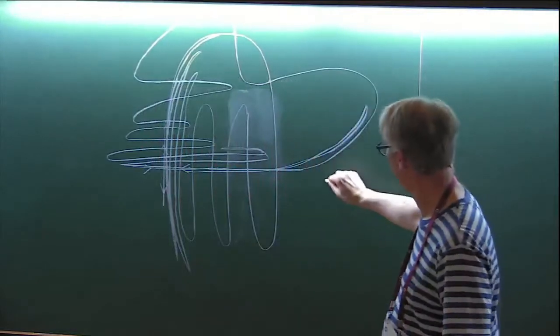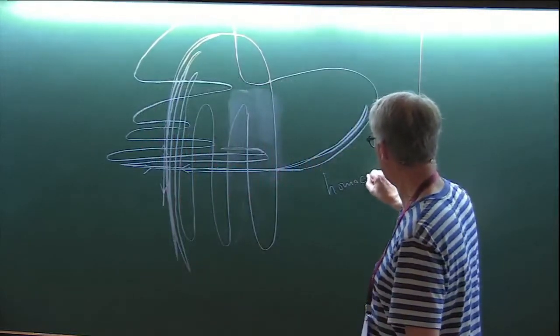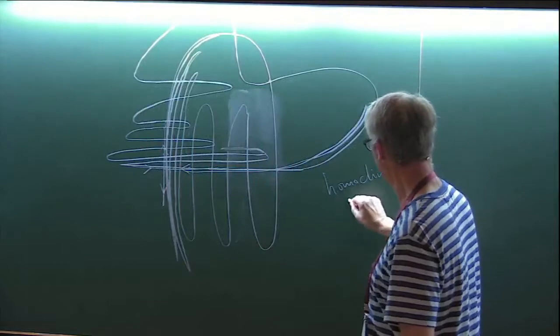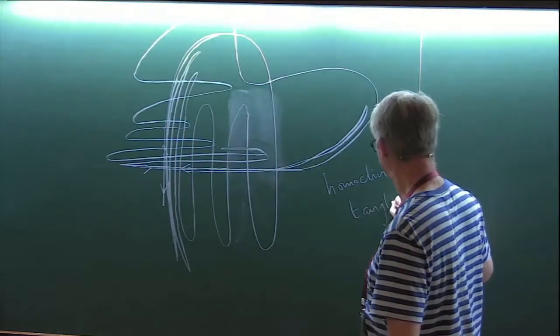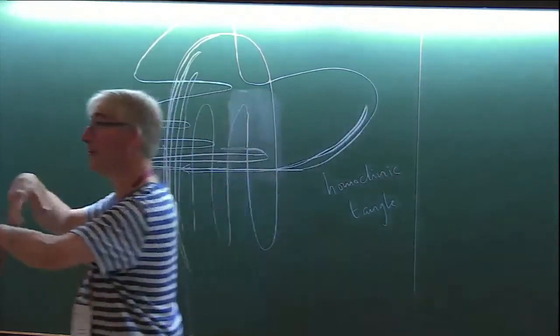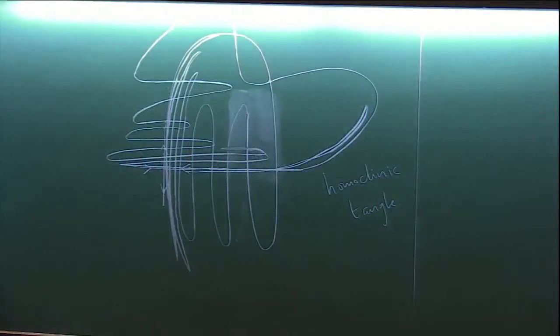And this is called, in great technical detail, a homoclinic tangle, because it's all tangled up. So this was a standard picture in the smooth case.